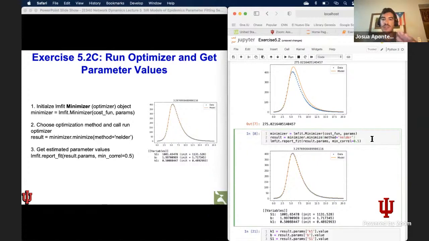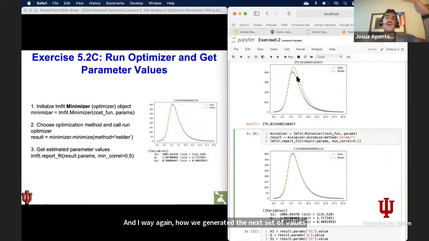So the optimizer was trying different values of the parameters to minimize the distance between my model prediction and the data. And how it generated the next set of values given what it started from is based on the Nelder method that we talked about earlier.